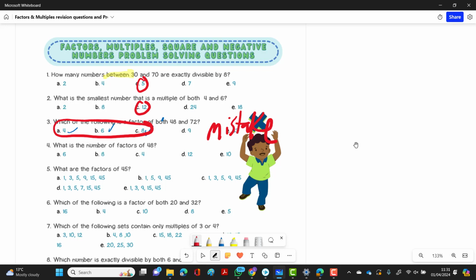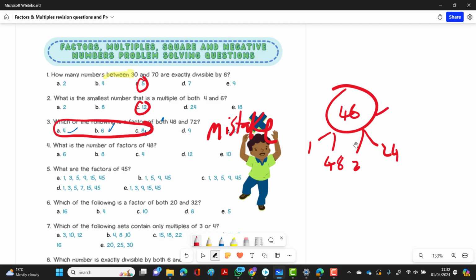Which is the number of factors of 48? So let's write 48. 1 and 48, 2 and 24, 3 and 16, 4 and 12, 6 and 8.